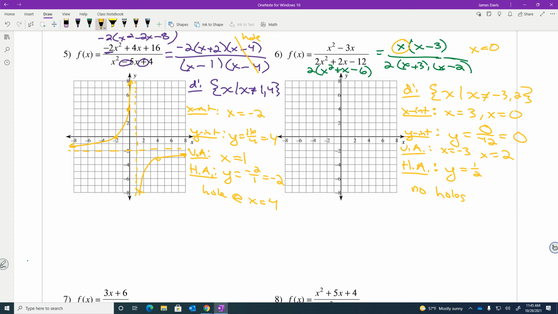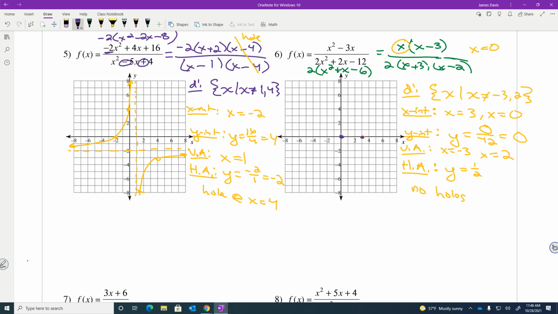Alright, let's put this information on the graph here, and then we'll check out the graph. So we have 2 x-intercepts: 3, 0 and 0, 0. We have a y-intercept also at 0, which is the same spot.